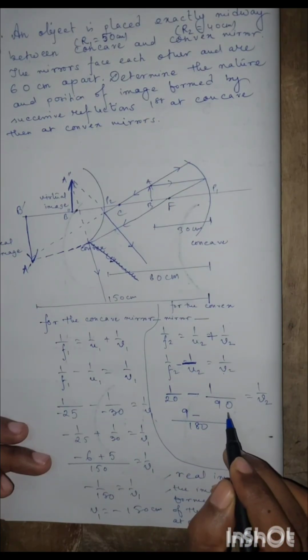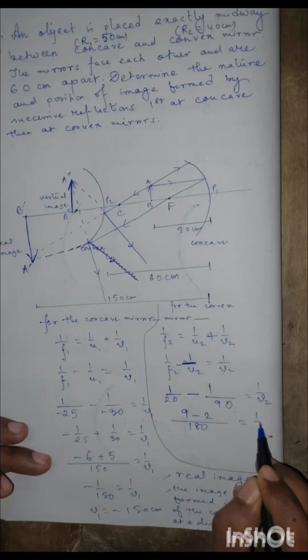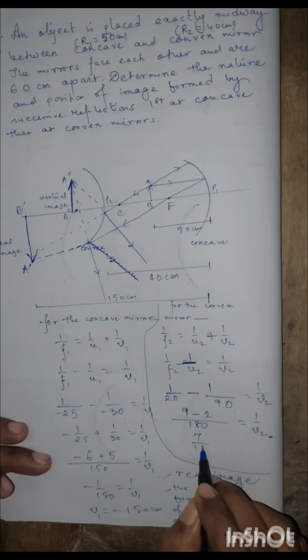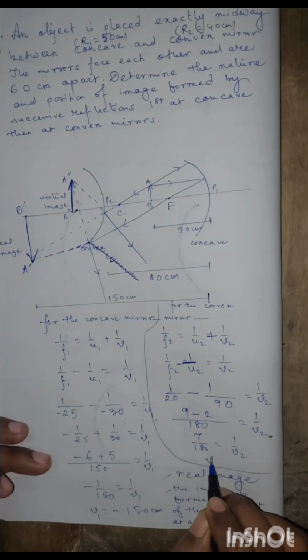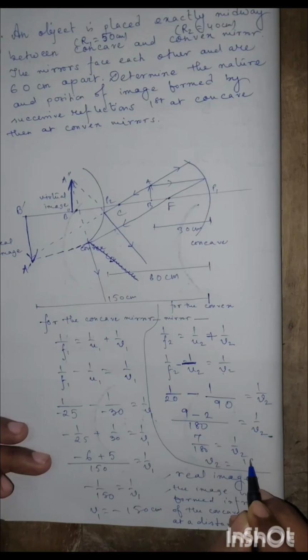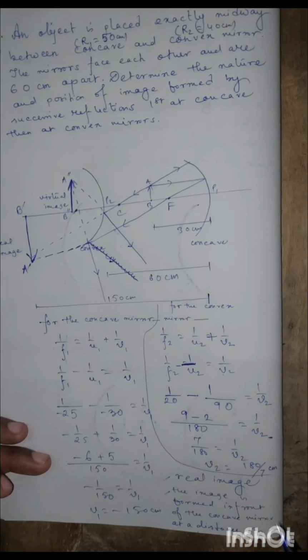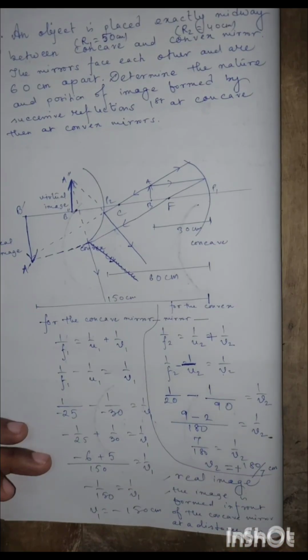When we divide 180 by 90, we get 2. So this is our 1 by v2. This is 7 by 180. So v2 is 180 by 7 centimeter, and this is positive.